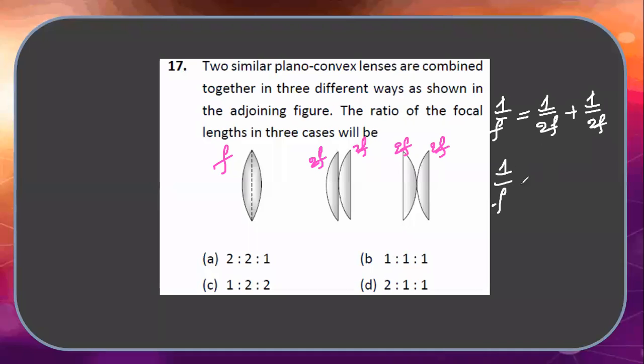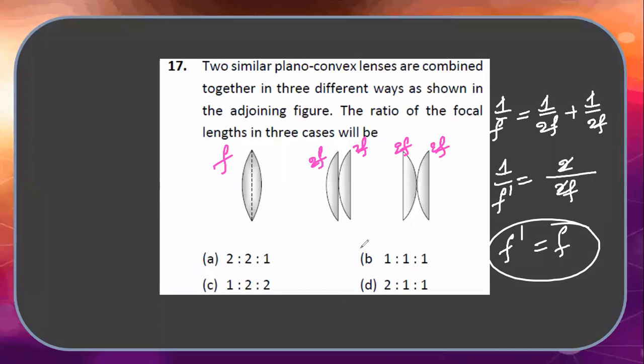Taking 2f common, the 2s get cancelled, so f dash is equal to f. For this, the focal length ratio will be 1:1:1. Each part has focal length 2f, the combined focal length is f, so we take 1:1:1.